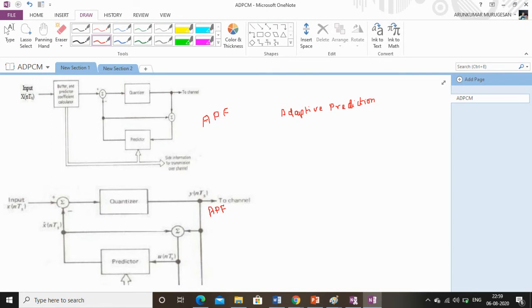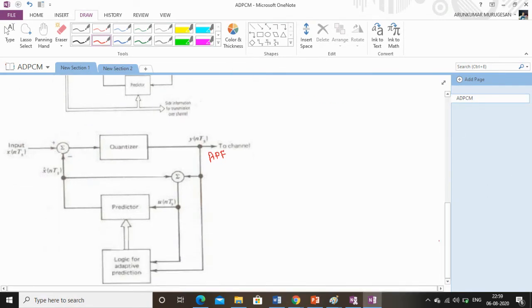This is the adaptive prediction with backward estimation.